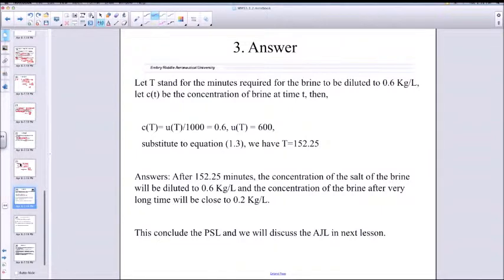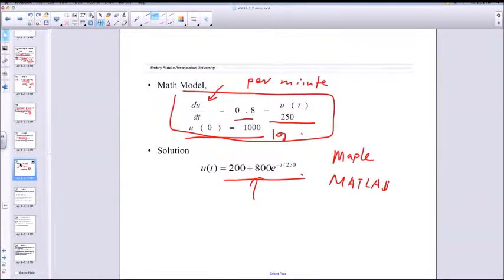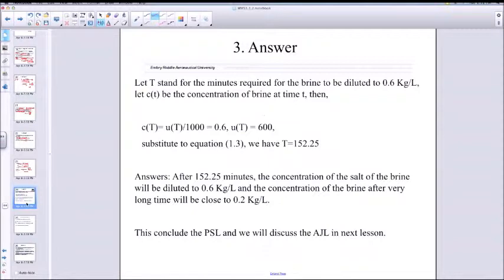So when you get to that step, you need to make this equal how much? 0.6 times 1,000. That will need to be 600 here. That's the point. So in order to solve that, I need to let this x(t) equal 600.